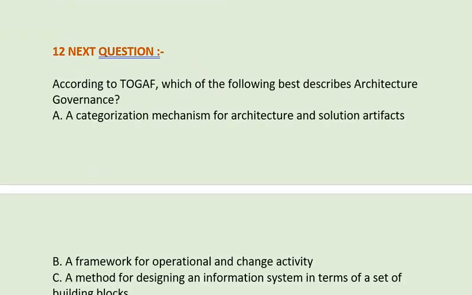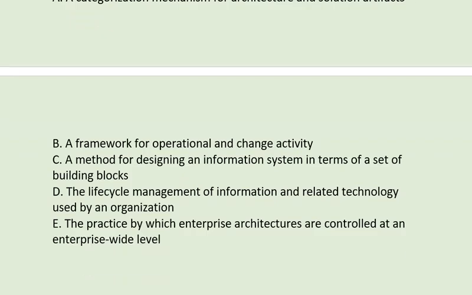Question is according to TOGAF, which of the following best describes architecture governance? Option A categorization mechanism for architecture and solution artifacts. Option B a framework for operational and change activity. Option C a method for designing an information system in terms of a set of building blocks.